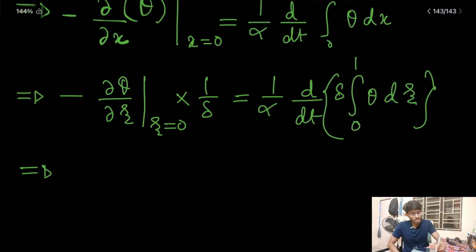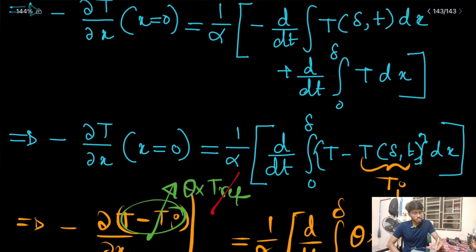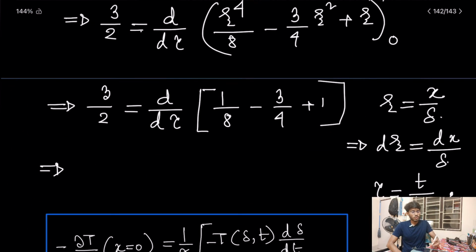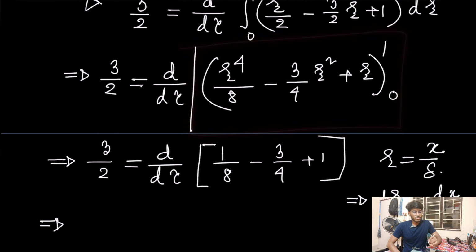So here I will write minus 3 by 2 by delta is equal to 1 by alpha, okay, d delta dt. Now this integral we have already found out, okay. So at least all these things will not go in vain. So this integral is this, that we have already found out, okay.